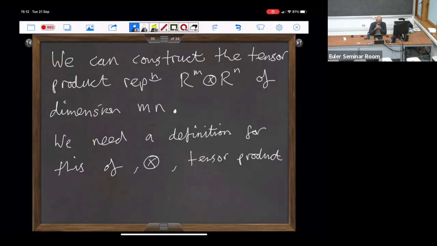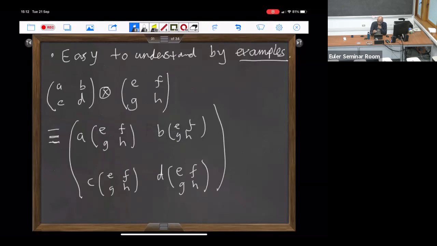In order to do this, I'm going to have to define for you what this symbol means. And this symbol is called the tensor product. It's easy to understand just by looking at some examples. So the definition of the tensor product of this pair of 2 by 2 matrices: I'm going to take them and construct a 4 by 4 matrix.